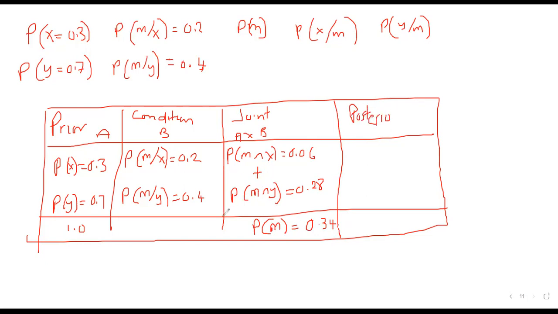How do we do the posterior? What are we dividing? Probability of m intersection x. So this will be probability of x over m.